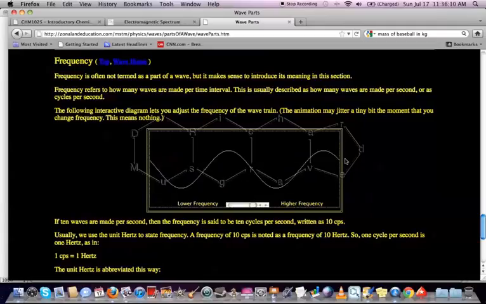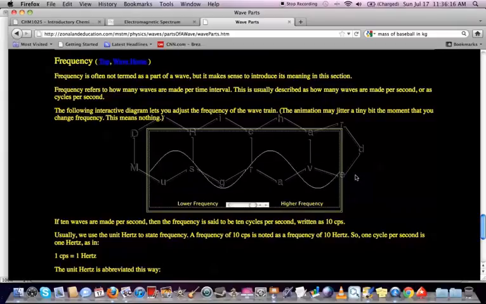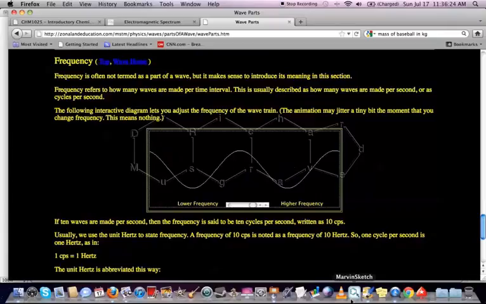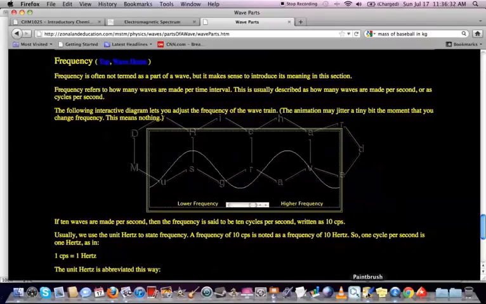So about 10 waves are passing this point every second. And what we're seeing here is that the wavelength is going to shorten because the speed of light is going to remain the same. So let's look at the equation for the speed of light and how it relates frequency to wavelength, and then we can talk about the electromagnetic spectrum in an intelligent way.